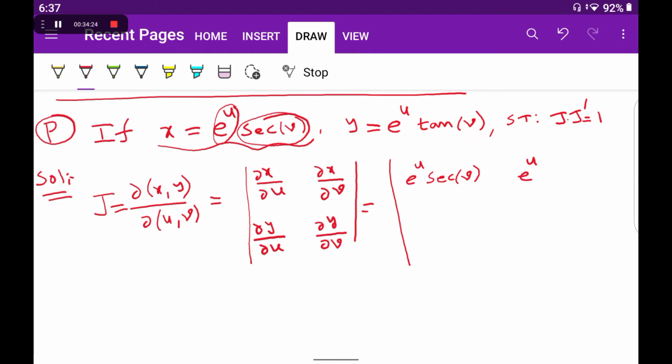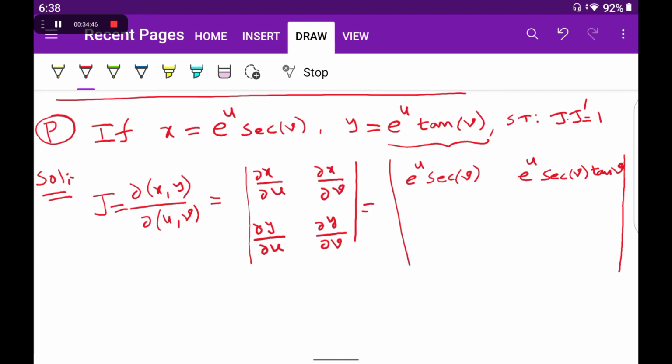So e power u secant v tan v. Similarly, derivative of y with respect to u.